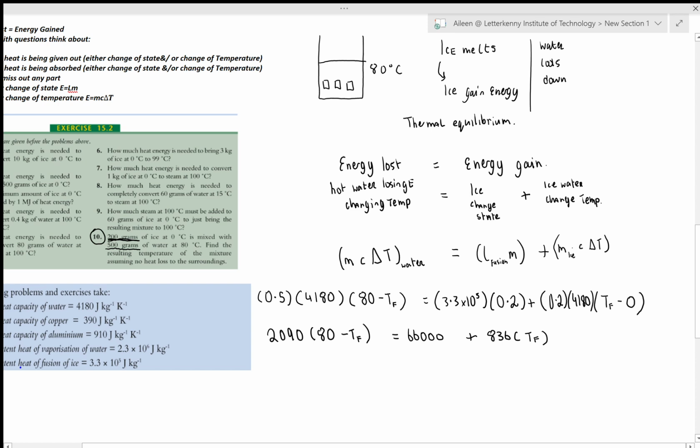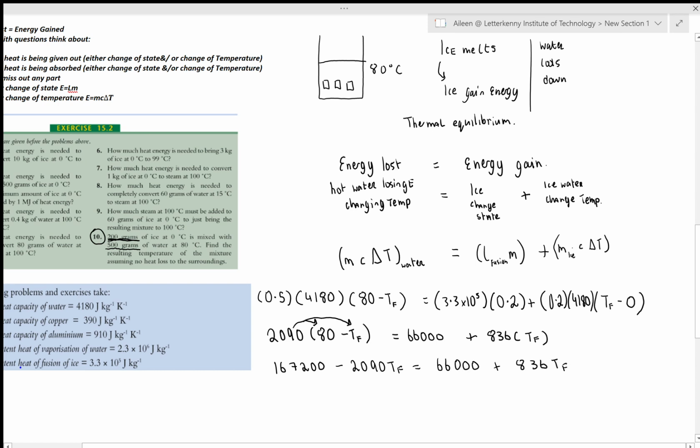Continue to multiply this out and solve for your unknown final temperature. 2090 times 80 gives us 167,200, minus 2090 times my final temperature. So I'm just expanding out my brackets here. That's all equal to 66,000 plus 836 times my final temperature.